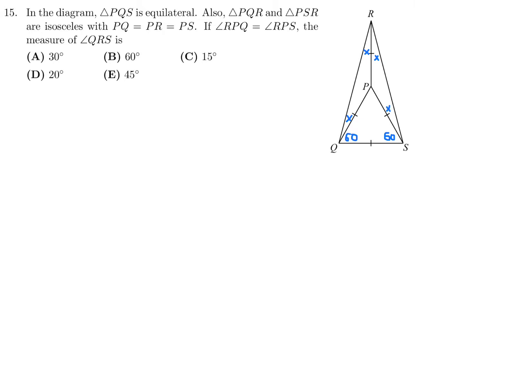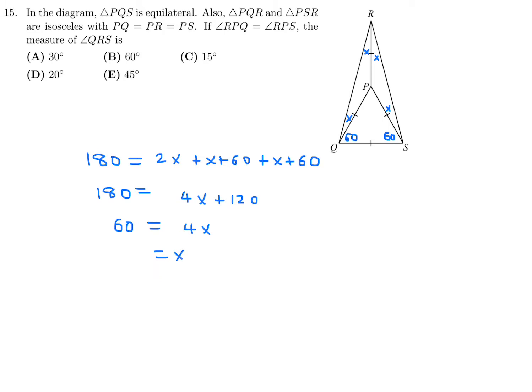So the full triangle, the big one, all the way around, it looks like 2x at the top plus x plus 60 plus x plus 60 is the sum of the angles, and that of course has to equal 180. So let's see, 4x plus 120 is equal to 180, and that means 4x is equal to 60, x is equal to 15.